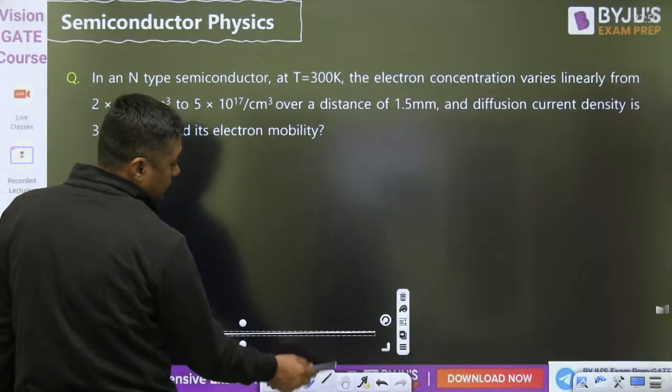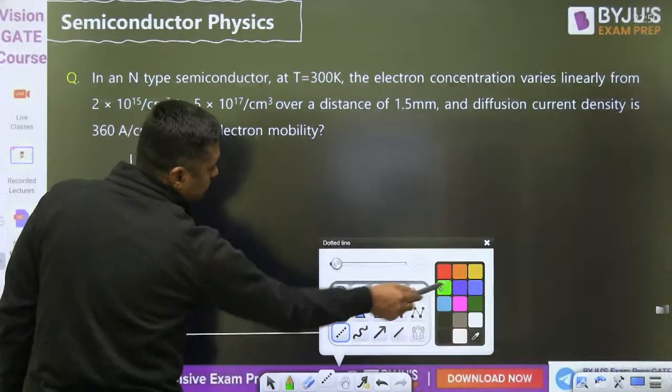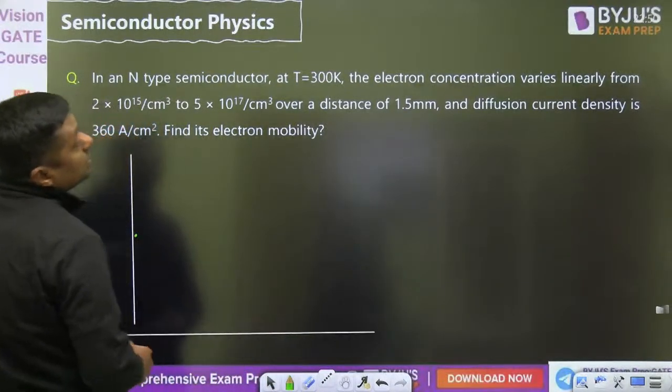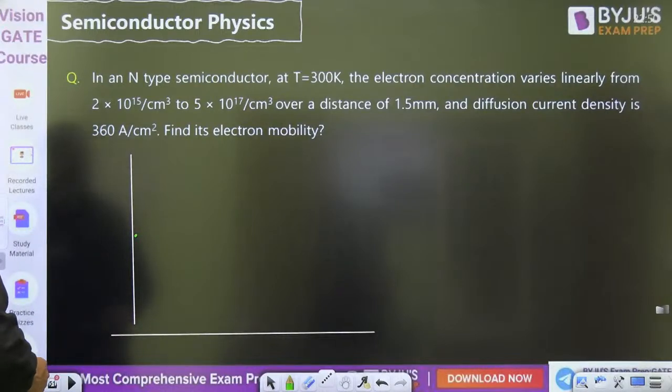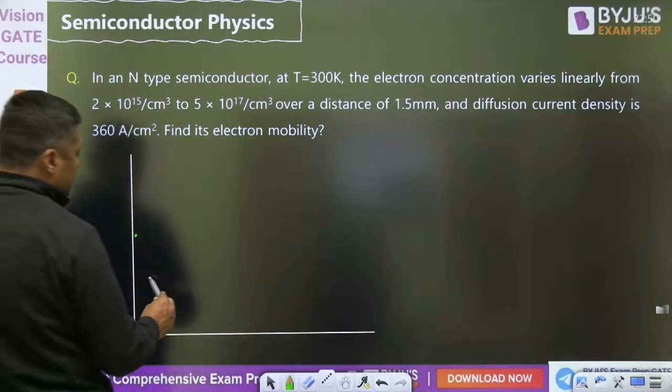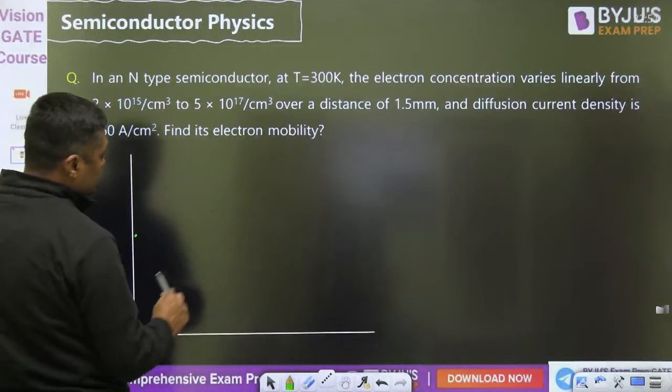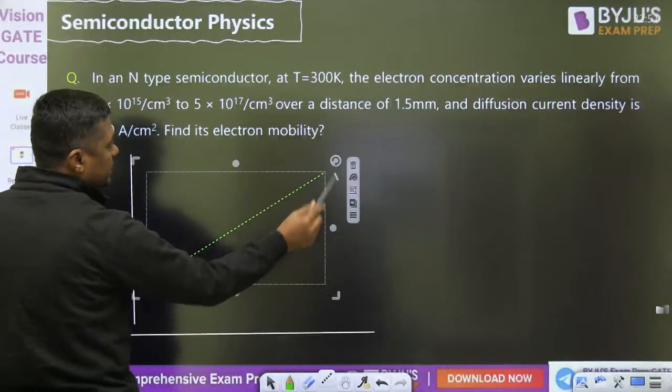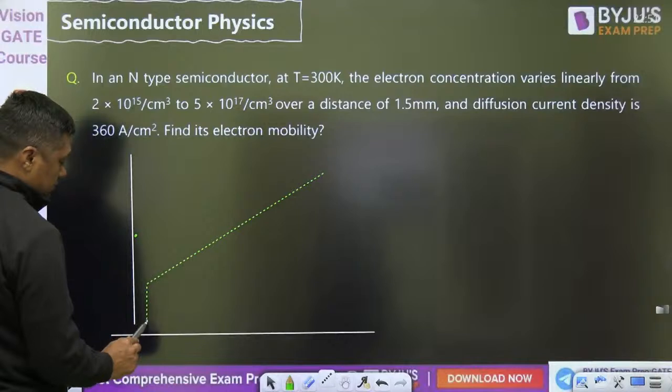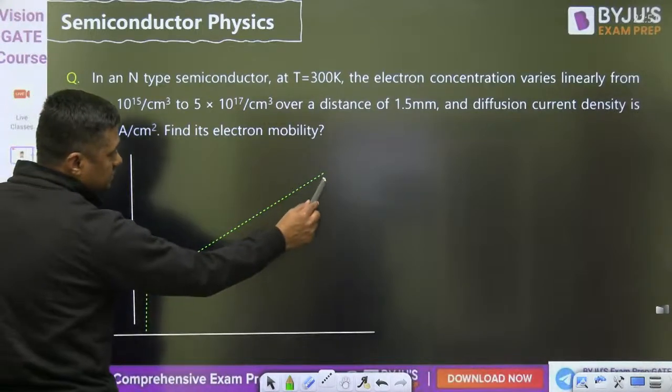The electron concentration varies linearly from 2 into 10 to the power 15 to 5 into 10 to the power 17. It means it increases over a distance, like this.